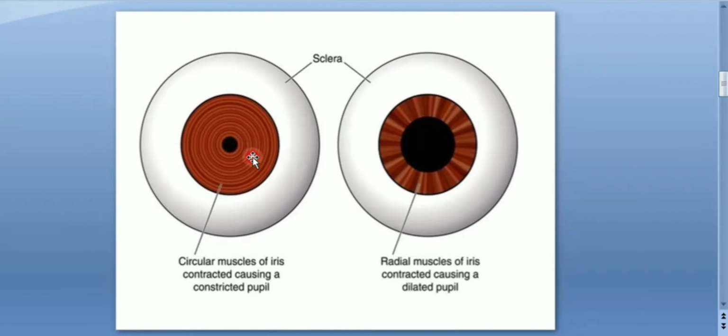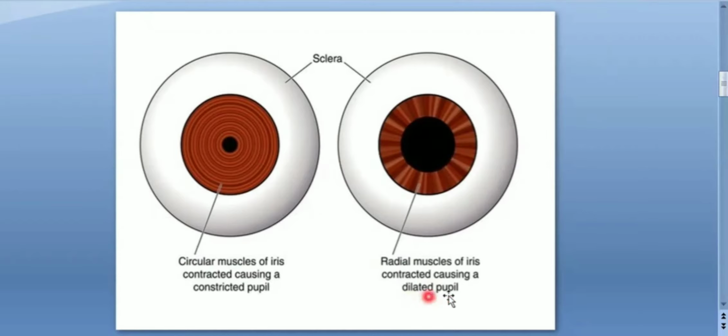Here you can see there are two types of muscles present in the iris. The names of the muscles are circular muscle and radial muscle. So these muscles are known as the circular muscle and these muscles are known as the radial muscles.